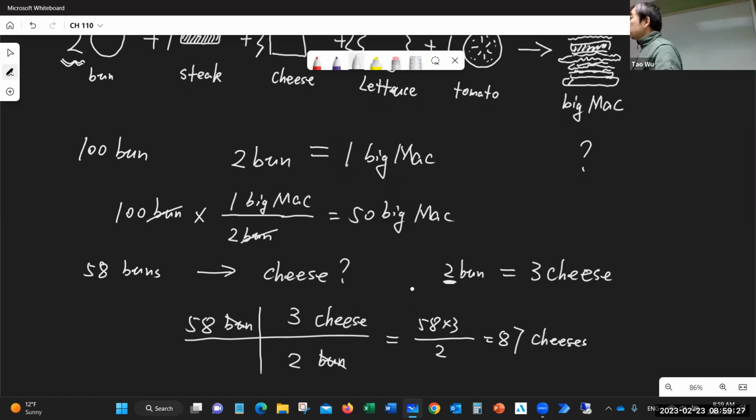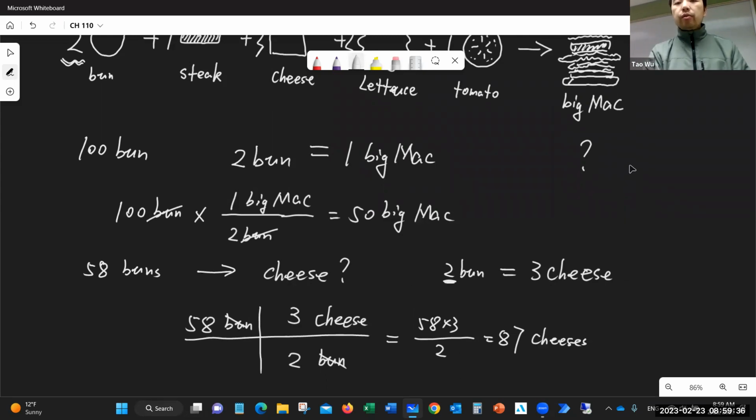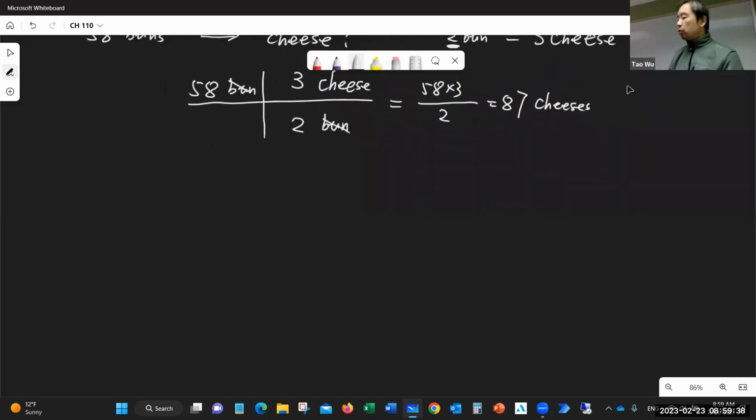You got it? This is the stoichiometry. Not that hard, right? Okay, so we can just use the same concept and do some stoichiometry.